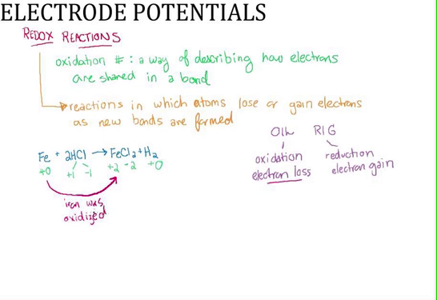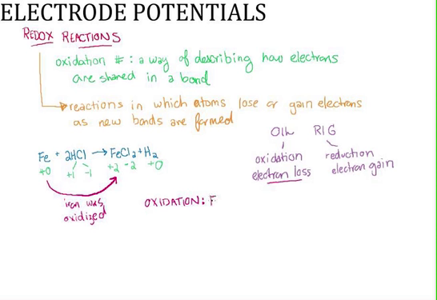And if we wanted a more precise way to say that, we could use what's called a half reaction. So I could say, in order to better show this oxidation, I'm going to use this half reaction.